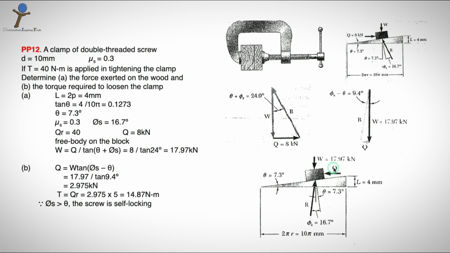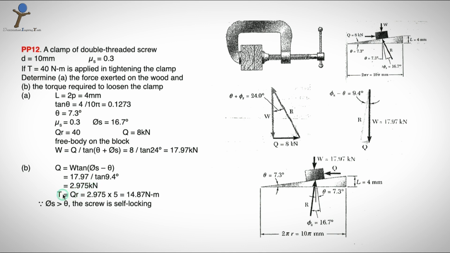Here I am applying the force Q in downward direction, and W and R accordingly to the motion of the block. Using the expression for motion impending in downward direction, Q is equal to W tan of phi s minus theta. We already know that W is 17.97, and applying all these values, you get Q as 2.975 kilonewton.